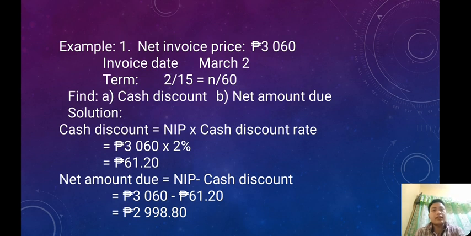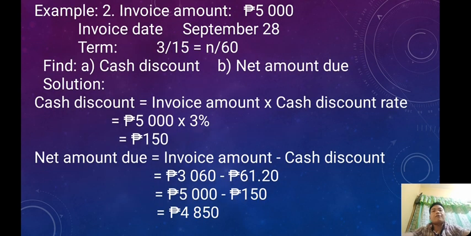We have 3,060 minus 61.20, so we have a net amount due of 2,998.80.